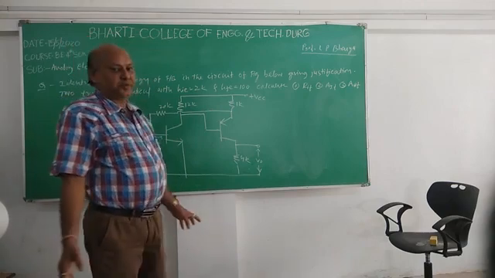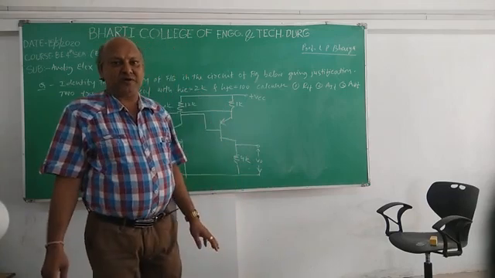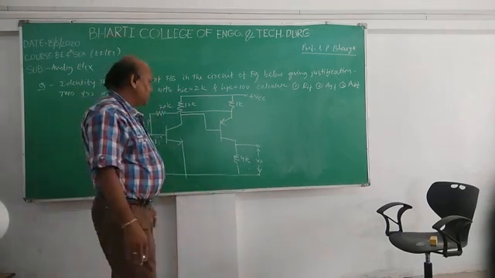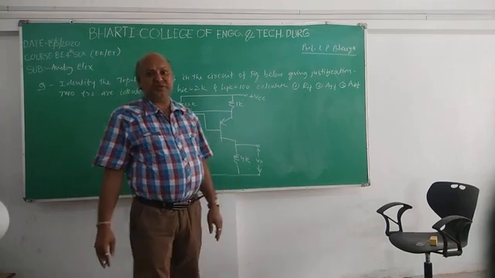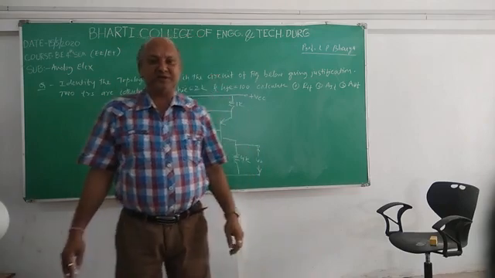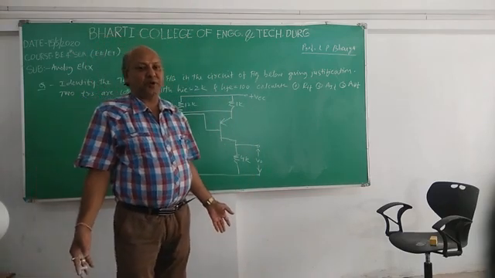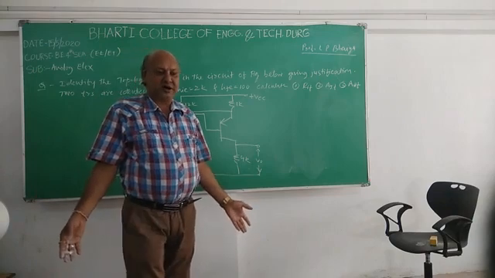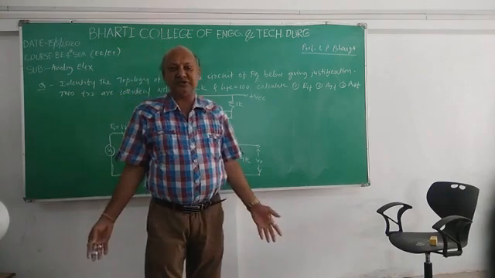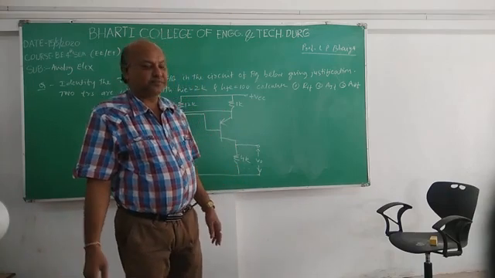Already you have this fifth unit, feedback amplifiers, and we have gone through various aspects of it, including numericals to determine closed loop gain with feedback, open loop gain, current gain and voltage gain with feedback, input resistance with feedback, output resistance with feedback, etc.